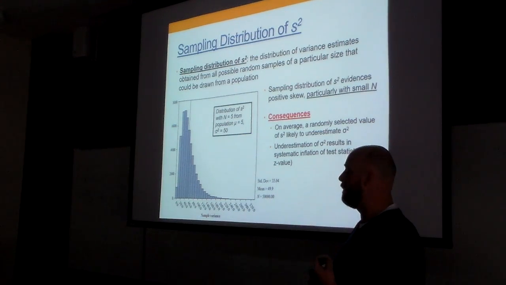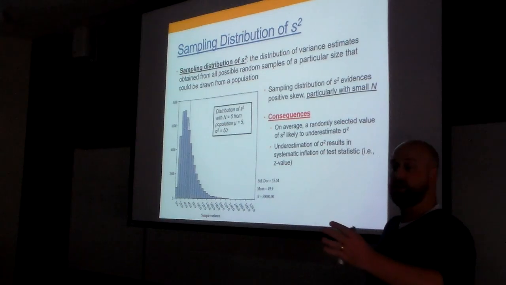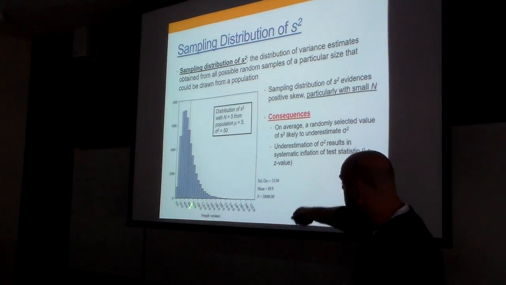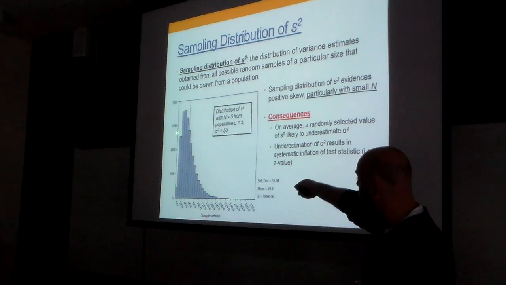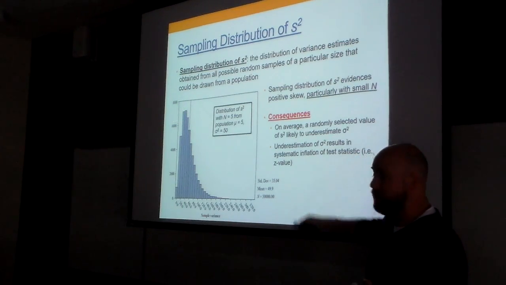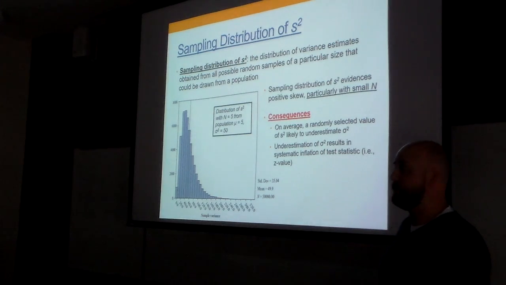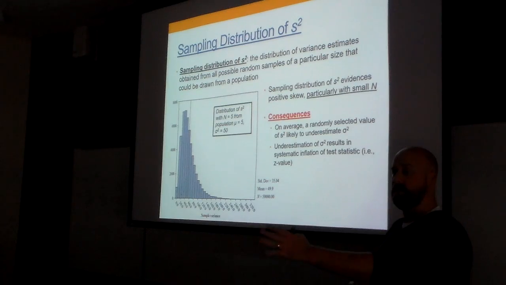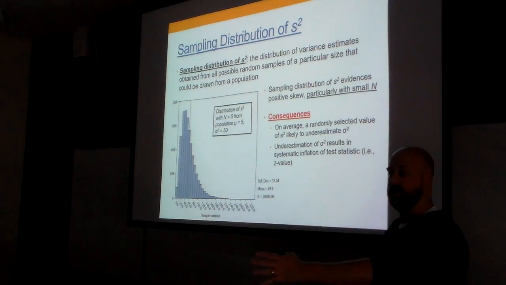I can't have a negative, so 0 is the lowest I can get. And most of my samples, in this frequency distribution, are falling to the left of the mean of this distribution. Most of my samples are underestimating the actual population value.